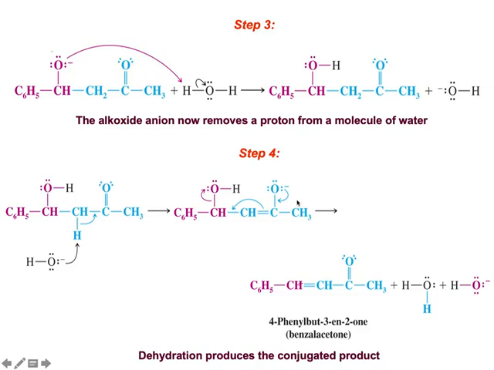So what happened? Electron moves to here, C double bond C. We want to conjugate the anion, so electron from here moves here to become C double bond C, and this one will leave.